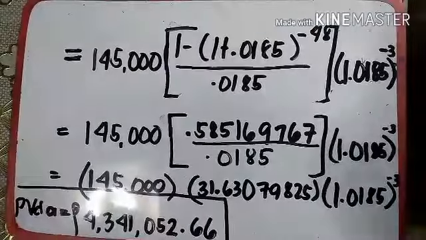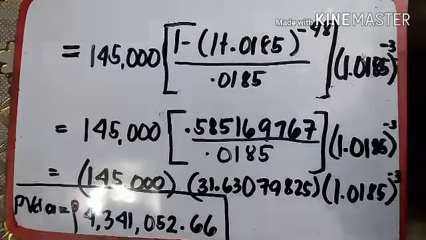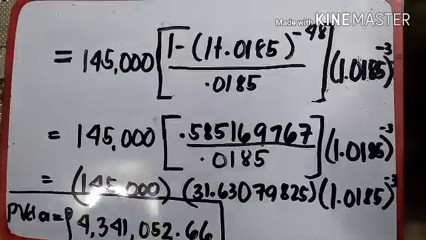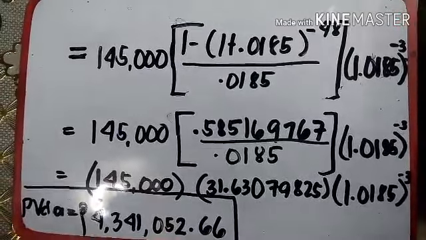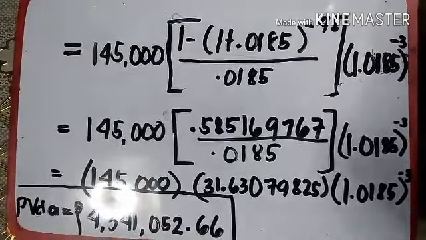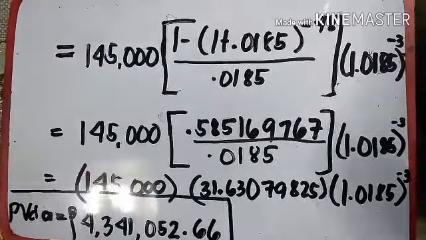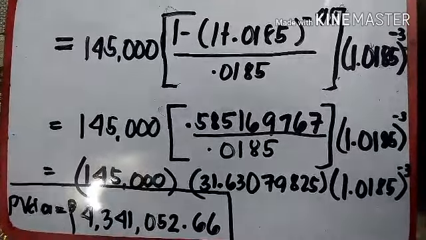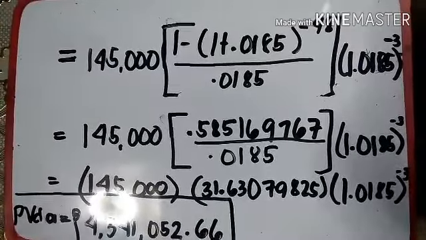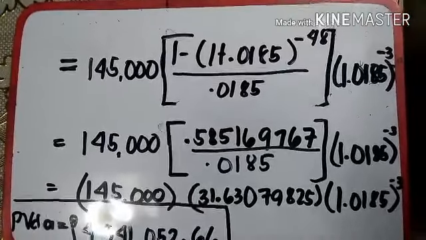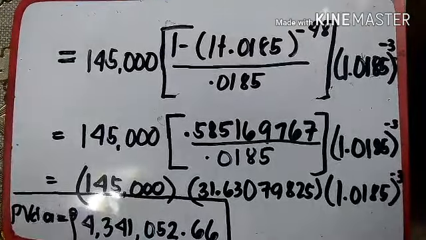To solve for the present value of deferred annuity, we have 145,000 quantity 1 minus (1 plus 0.0185) raised to negative 48 divided by 0.0185 times 1.0185 raised to negative 3. If you wonder, the 1.0185 outside is derived from the recent solution that I wrote above, which is 1 plus 0.0185.